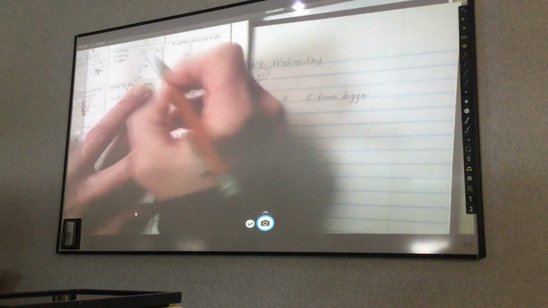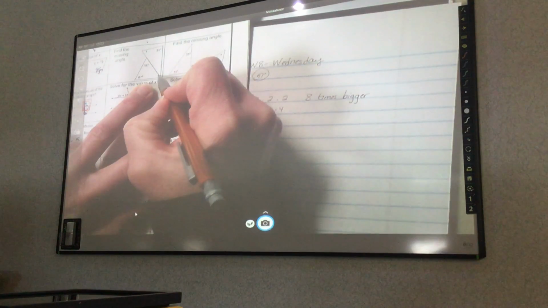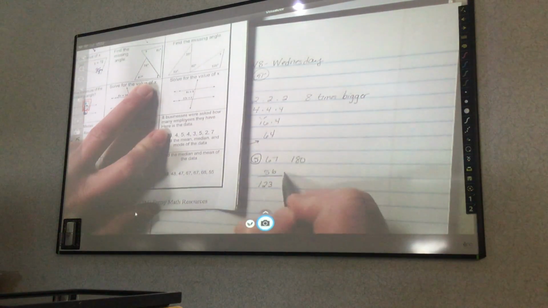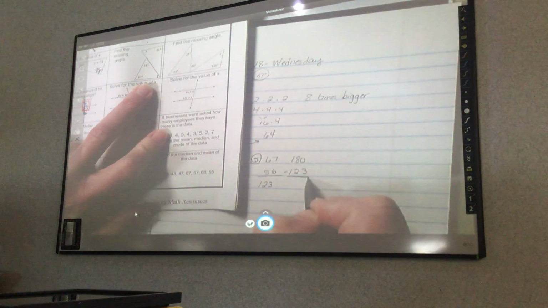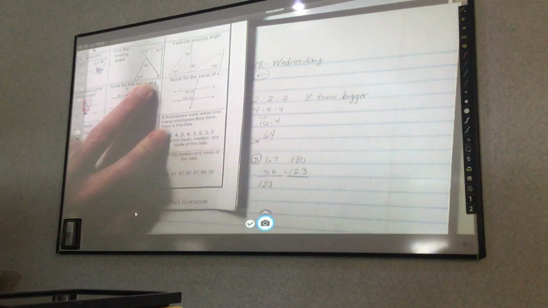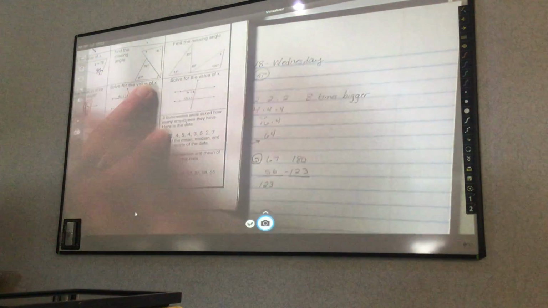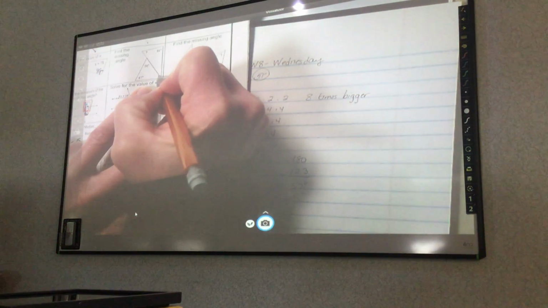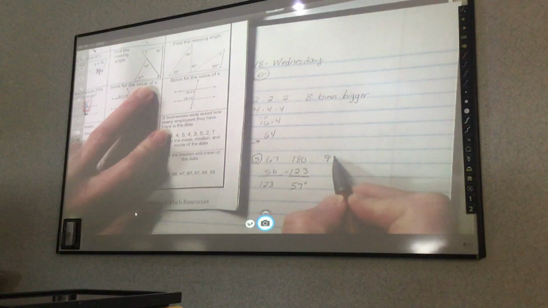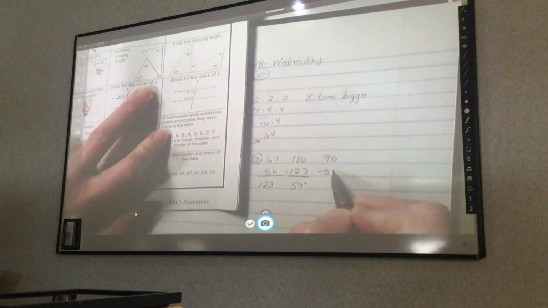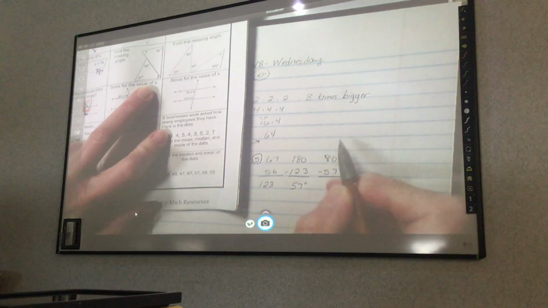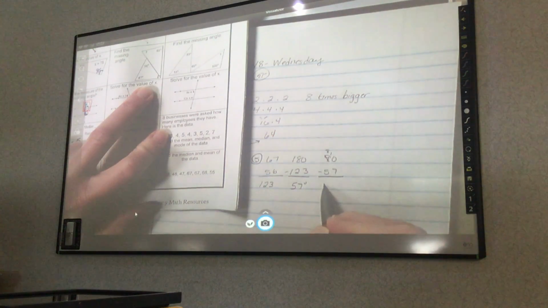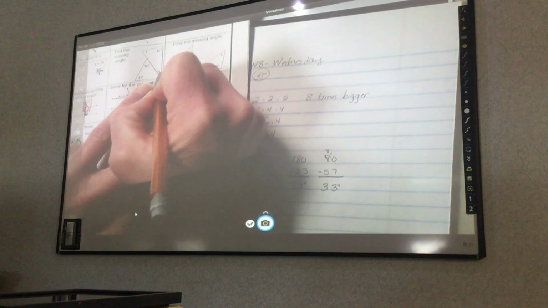And then I know that I have to take 180 minus 123, which would be, what is it? 57. Thank you. So then I know this is 90, so I take 90 minus my 57, and I get 33 degrees. So this angle is 33.